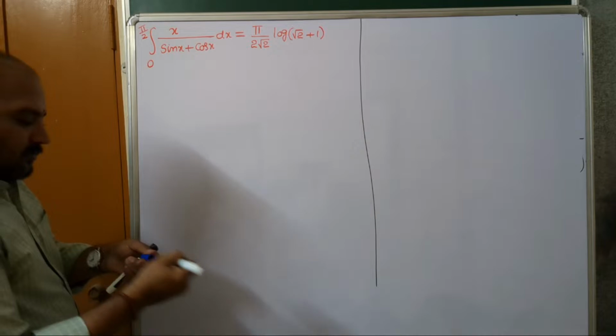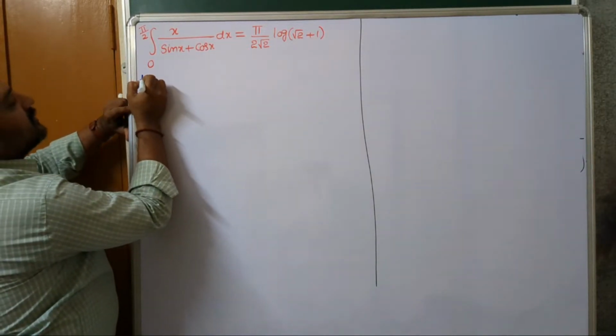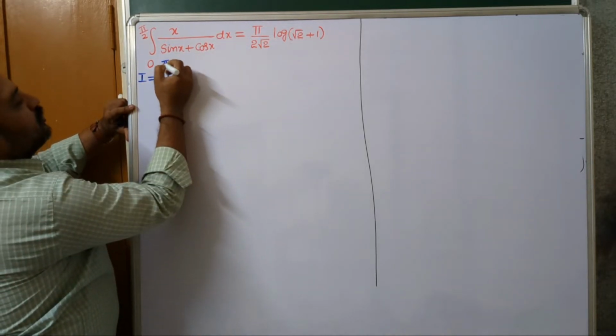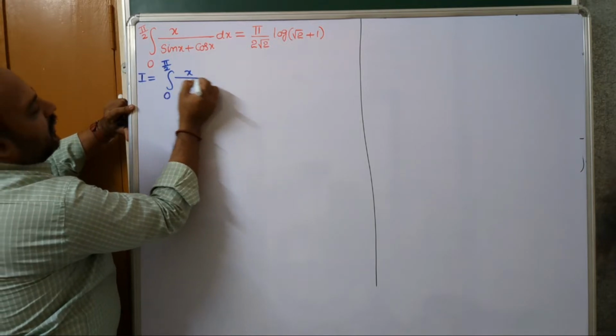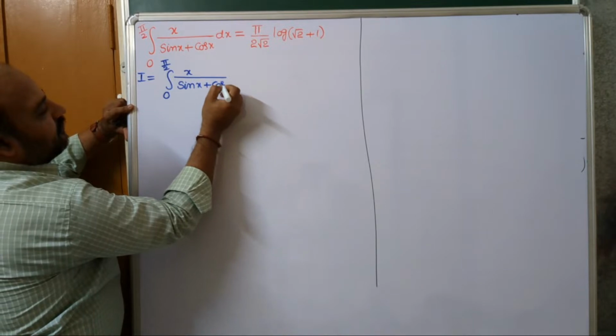So first, the given integral as I, you can assume that. Let us consider I equal to integral 0 to pi by 2, x by (sin x plus cos x) into dx.